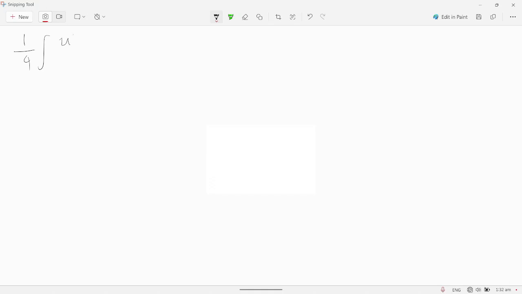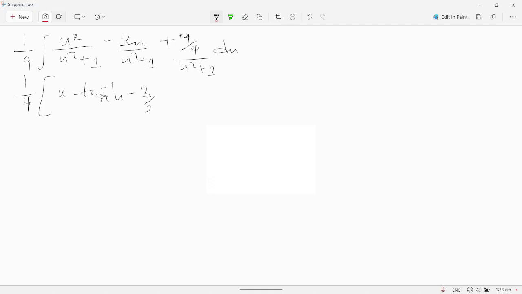So from u squared over u squared plus 1 minus 3u over u squared plus 1 plus 9 over 4 over u squared plus 1 du. When you integrate this part, you find that it's u minus tan inverse u minus 3 over 2 natural log u squared plus 1 plus 9 over 4 tan inverse of u.